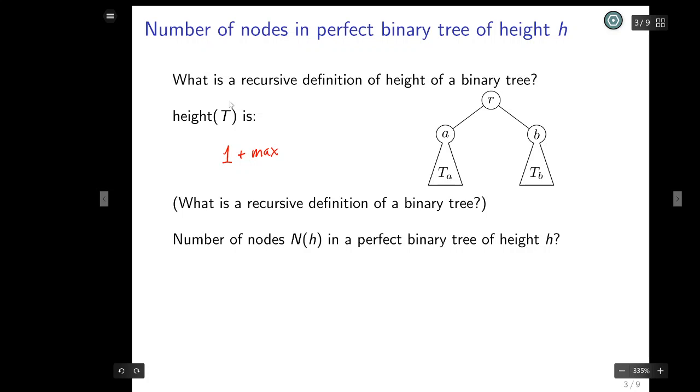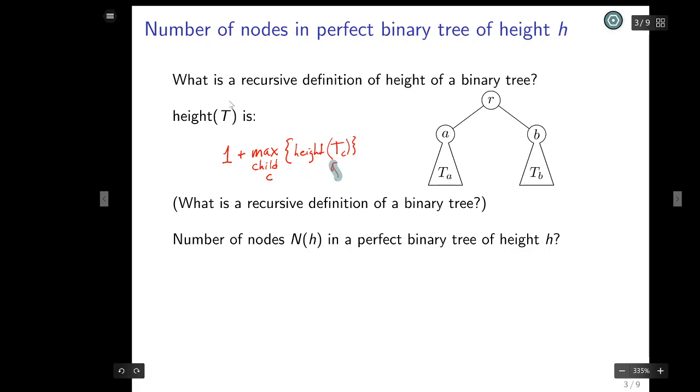You got 1 plus the max over children C. Or maybe let's just say child C. Max over child C of the height of T_C.